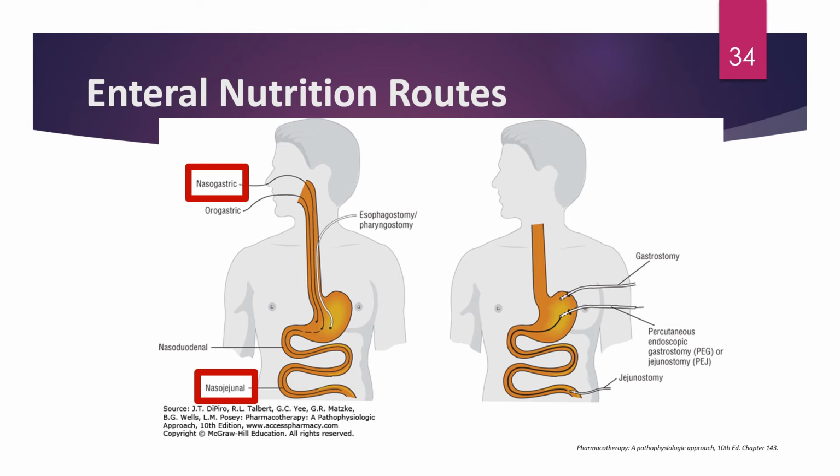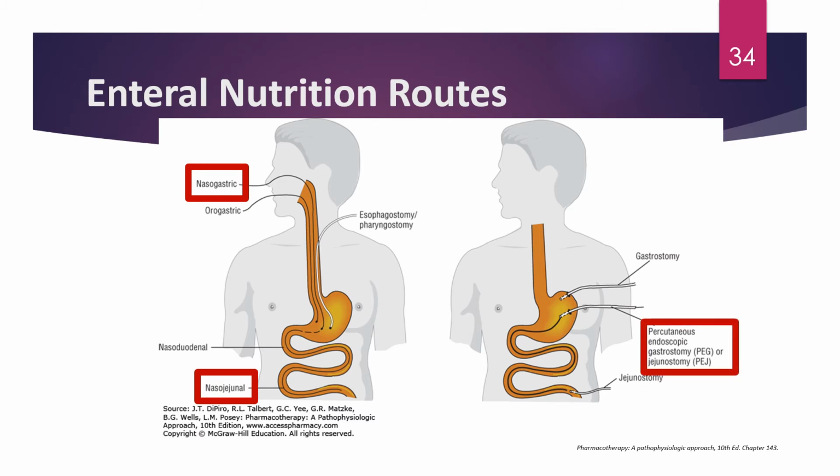The later that you feed in the GI tract, the less likely you'll have symptoms like nausea and vomiting. But on the flip side, this may affect the digestive processes of certain types of food and nutrients. So we have to keep that into account also.